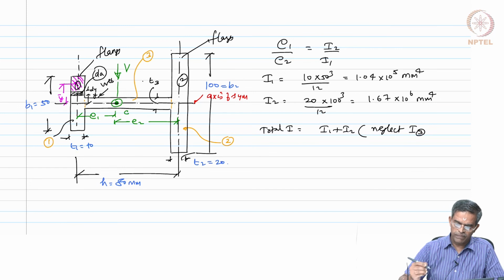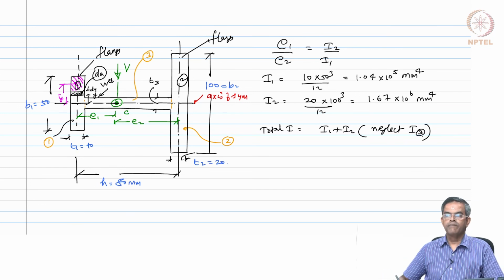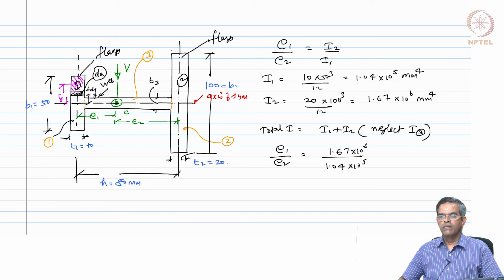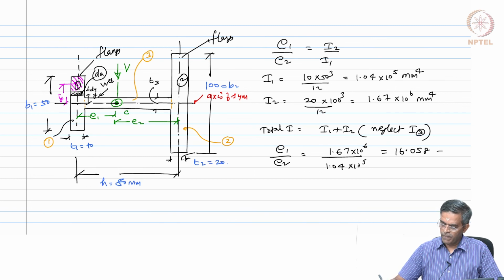This is member 3. Okay. So, let us say E1 by E2 is 1.67 10 power 6 by 1.04 10 power 5, which is 16.058. Equation, let us say 8.